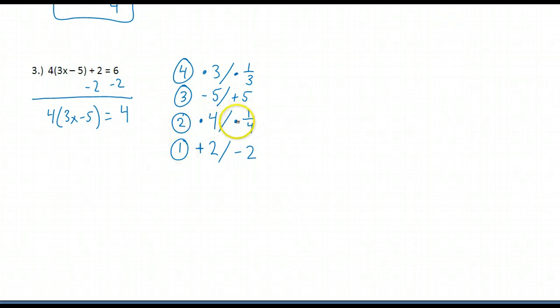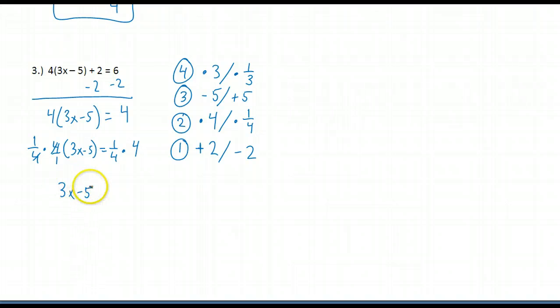Second step, multiply both sides by 1/4. 1/4 and 4 are reciprocals of each other. They're inverses, which means that when I multiply 1/4 times 4, I get 1. And 1 times anything is that anything.